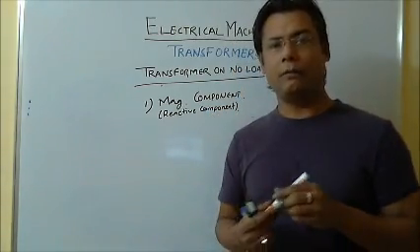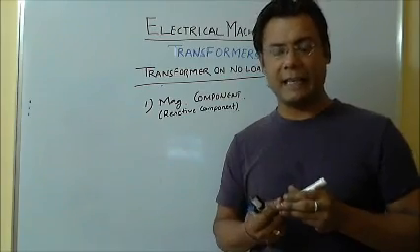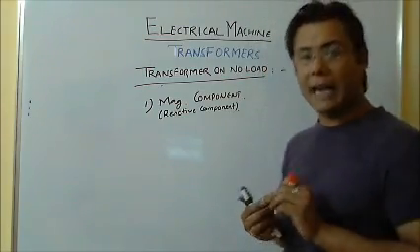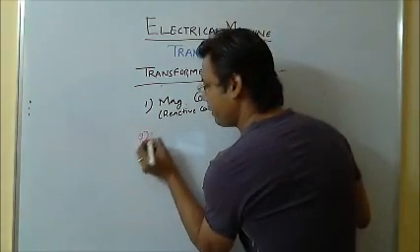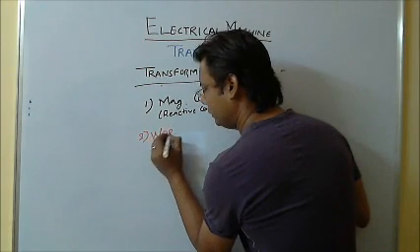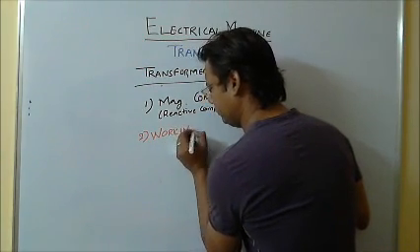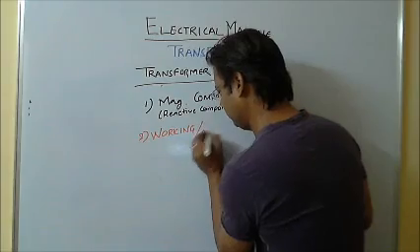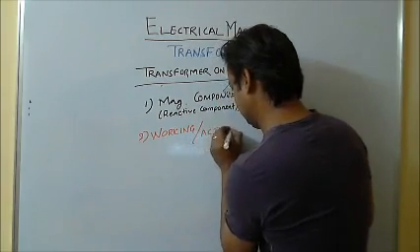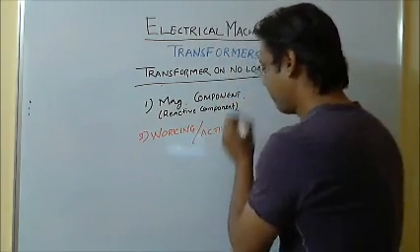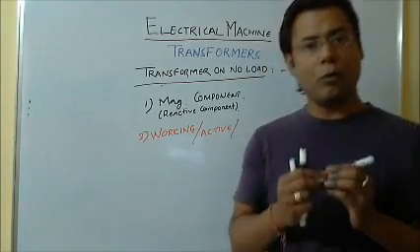Another part of the I0, which is called the exciting current, is the working or active component. It is also called the core loss component.